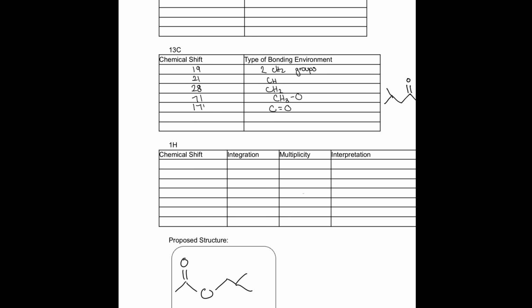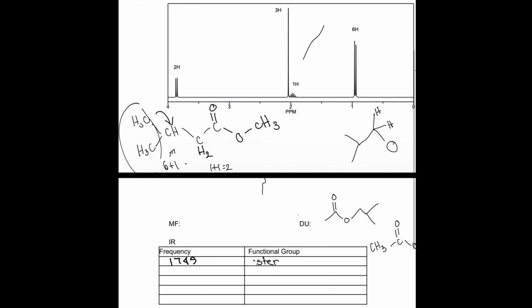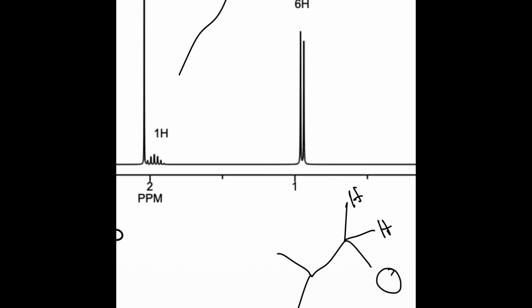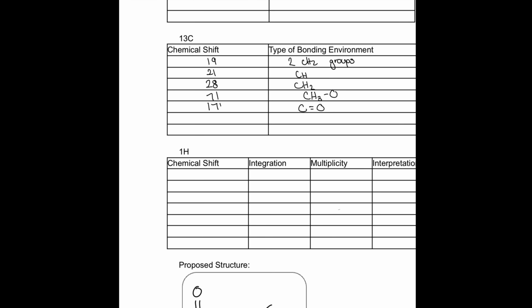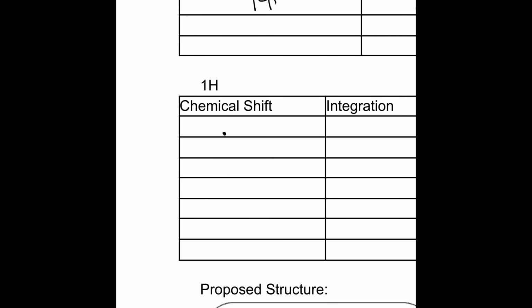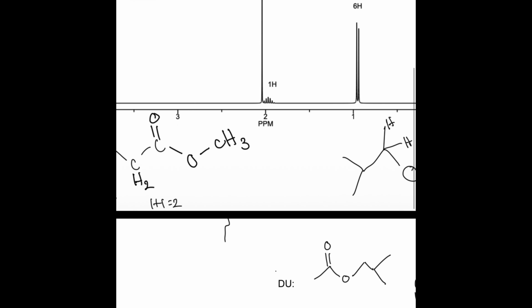So when we look at our first point, we can call this approximately 0.98. We will have a chemical shift of 0.98. And we look at our second peak, which is here.